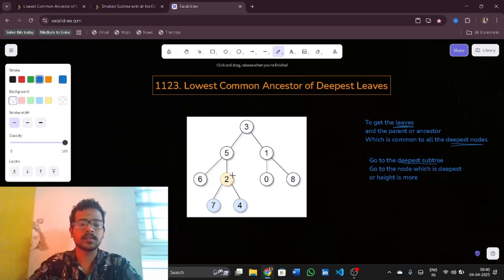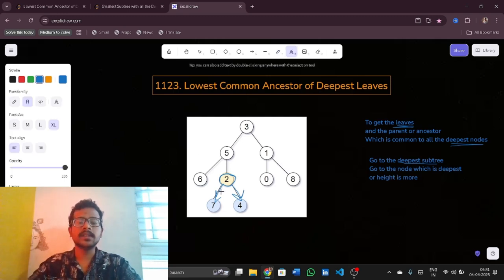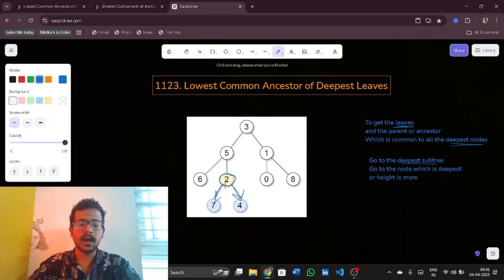Now, here comes the question again. Here, the left and right subtrees have the same heights. Now, this will be my answer. So whenever I get a node whose left subtree height and right subtree height are similar, then I will return that node as the answer, the least common ancestor.